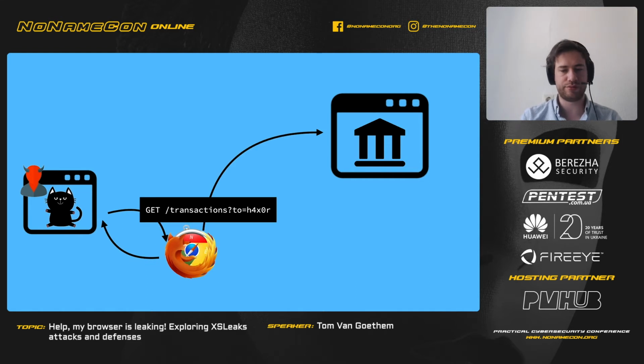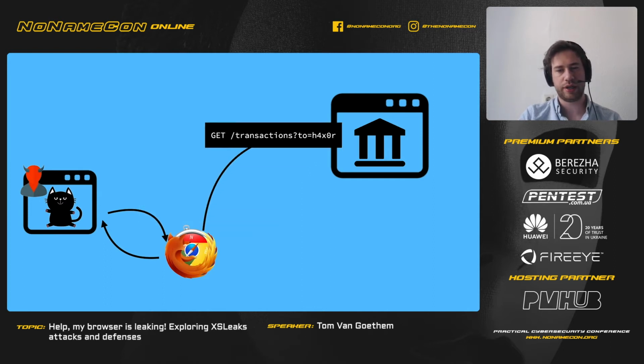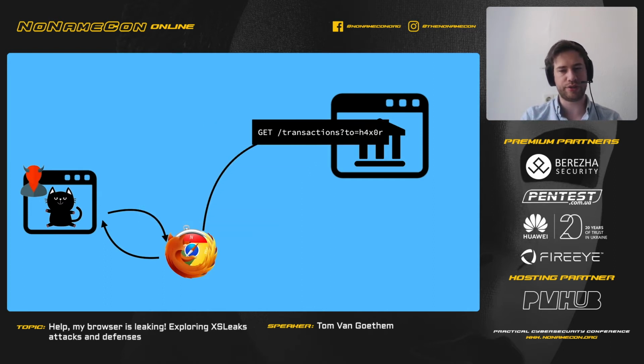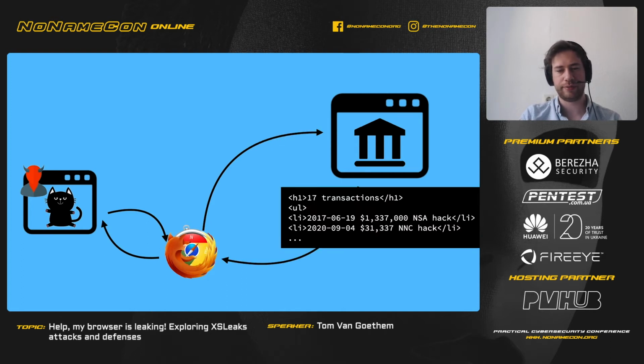Then it will send another request, or it will trigger this request to be sent to the bank. And it will try to get the transaction sent to Hexor. And then we can see that the current user, so in this case the victim, made 17 transactions to the Hexor.